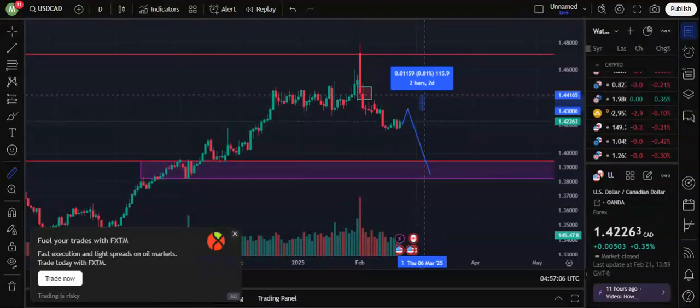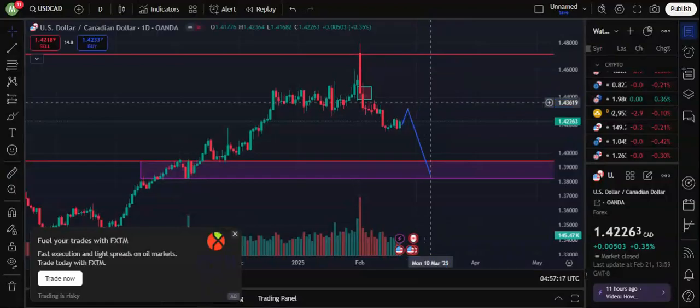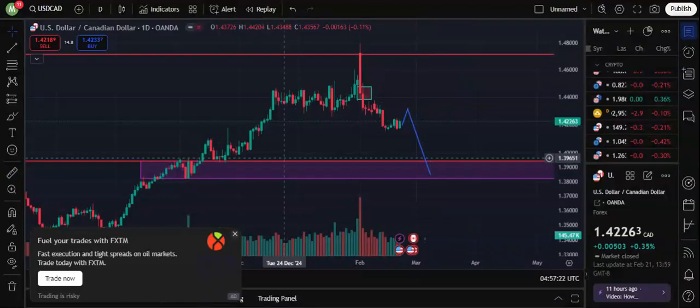We're risking 115 pips to get 440 something pips. So that may be like 1 to 3 or 1 to 2. So that's what we have on USDJPY. So guys, that's what we have.